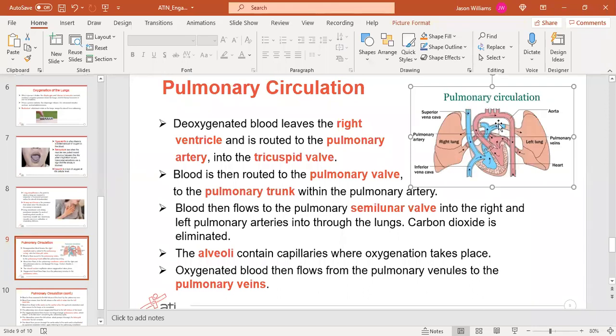Then that oxygenated blood passes through the pulmonary vein, enters the left atrium, and passes the mitral valve. Then it goes into the left ventricle, and after the left ventricle, the oxygenated blood leaves the heart through the aorta, where it flows into general circulation, and it just keeps repeating itself. It flows through general circulation to oxygenate the different tissue.